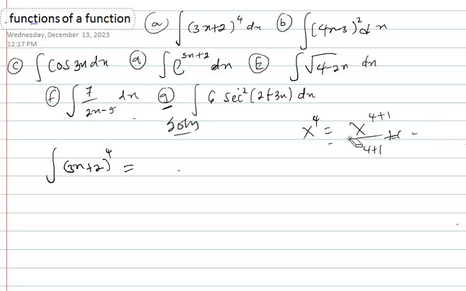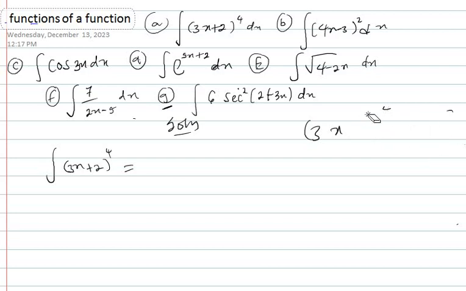In this case it's not the same, so we can't just say 3x plus 2 raised to the power of 5 over 5 plus c.